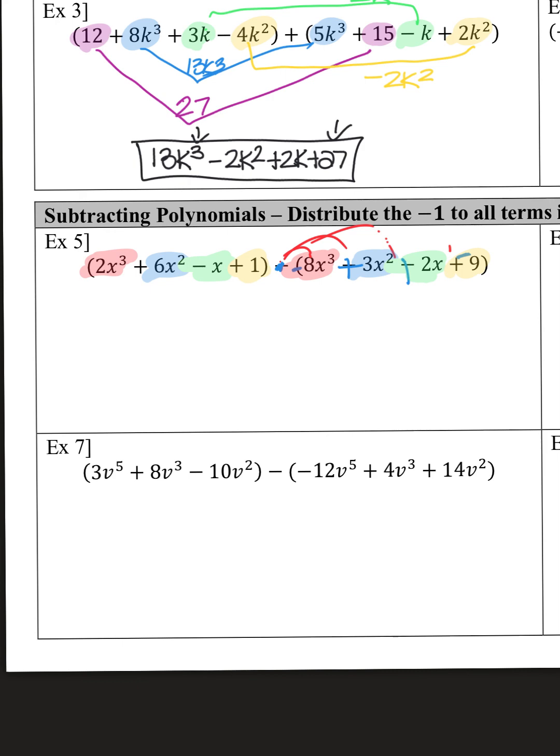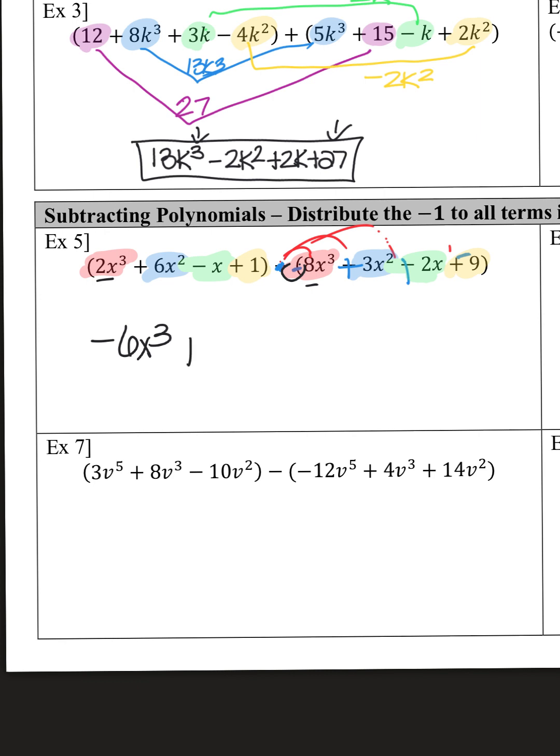And when I do that, okay, now I'm just going to simply combine them all together. My 2x to the third and 8x to the third. Okay, now remember, this has a negative in front of it. So we have our negative 6x to the third. Okay, now I'm looking at my blue. My 6 plus 3 are my coefficients.